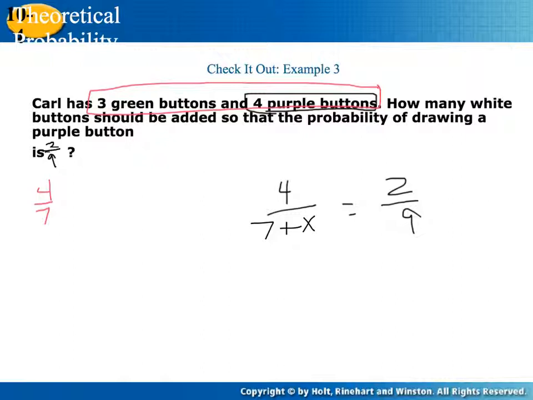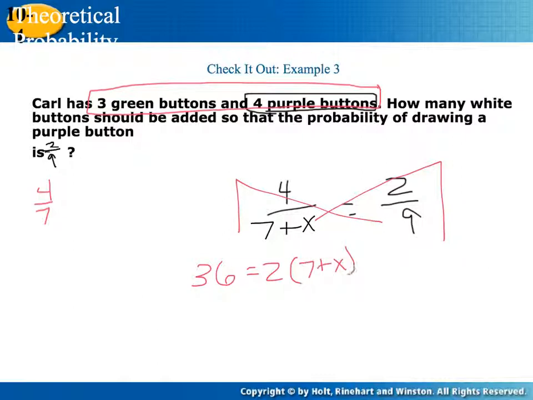So what I do here, this is a proportion, cross multiply, I get 36. Then on the other side, I cross multiply again, and I get 2 times 7 plus x. What do I have to do in order to answer this problem? I need to distribute, and I end up with 36 is equal to 14 plus 2x. Get rid of my 14.